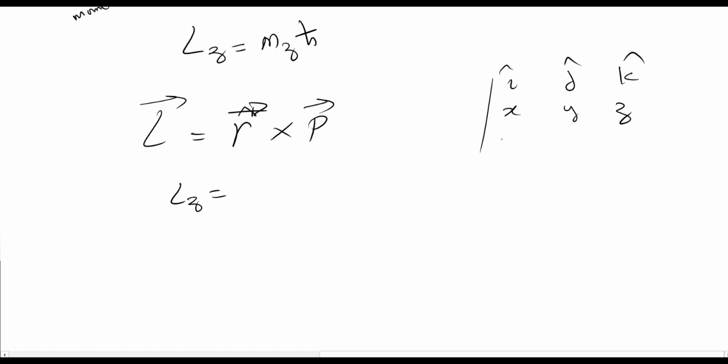And if I do the conversion to quantum mechanics, the momentum px is h bar over i times the partial derivative with respect to x, py is h bar over i times the partial derivative over y, and pz is h bar over i times the partial derivative of z. I mentioned that before, and this is basically how the momentum is expressed in Cartesian coordinates.